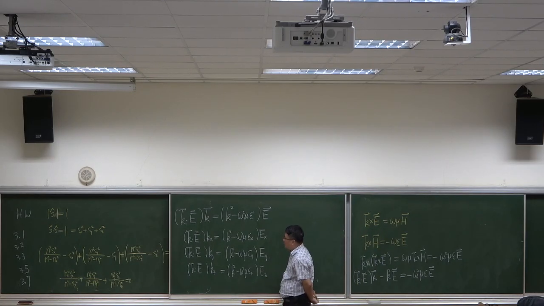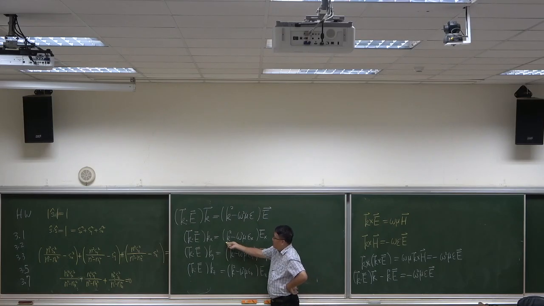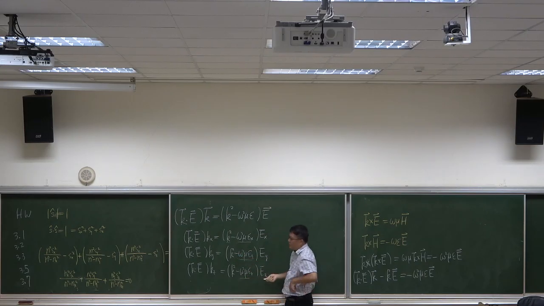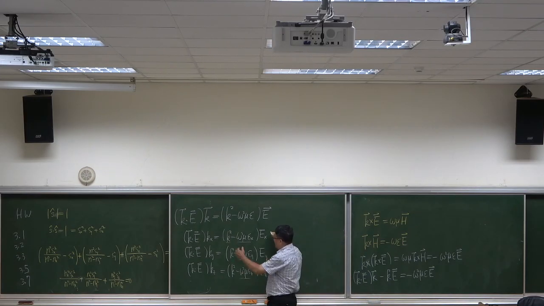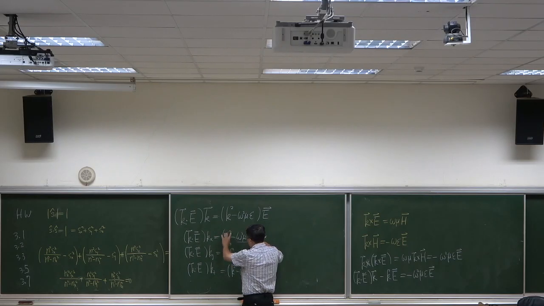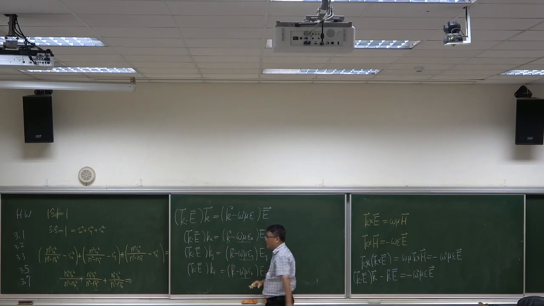In general, K squared is not equal to this term, not equal to this term, not equal to this term. So this means that we can divide every equation by the corresponding term.